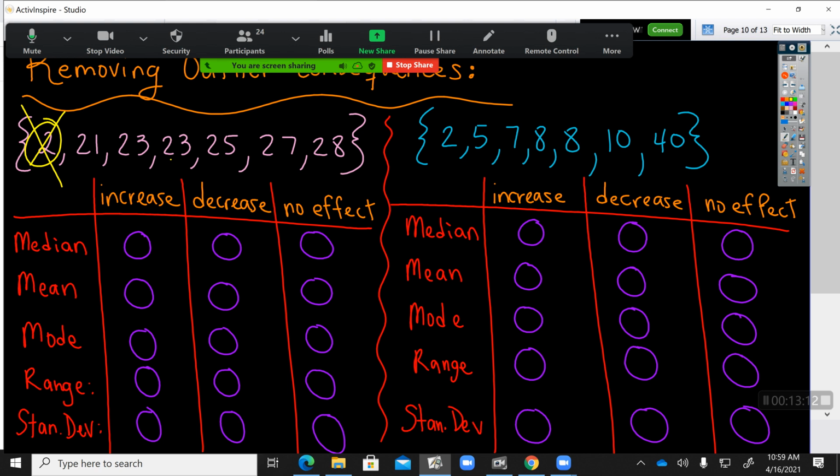But now if I take out the 2, the number in the middle is now going to be 23 and 25. So 23 was the original median. 24 is the new median. Did it increase or decrease? It increased. So we know that the median increases when you take out a low outlier.